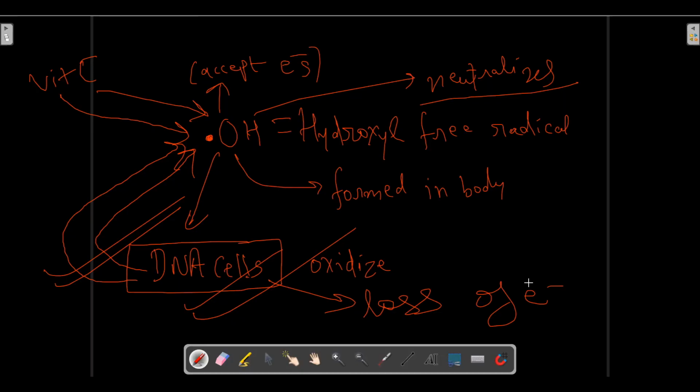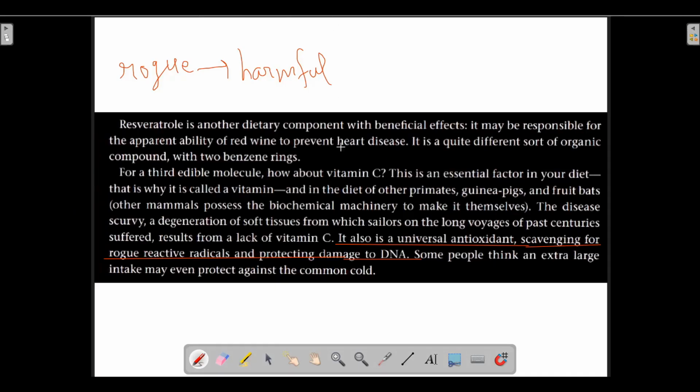Loss of electron is oxidation, so it prevents loss of electron from DNA cells. This is how it acts as an antioxidant. So it is a universal antioxidant, scavenging for rogue reactive radicals like hydroxyl radical, and it protects damage to DNA.